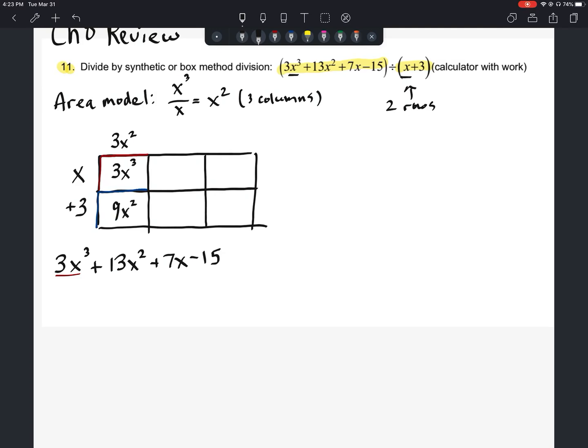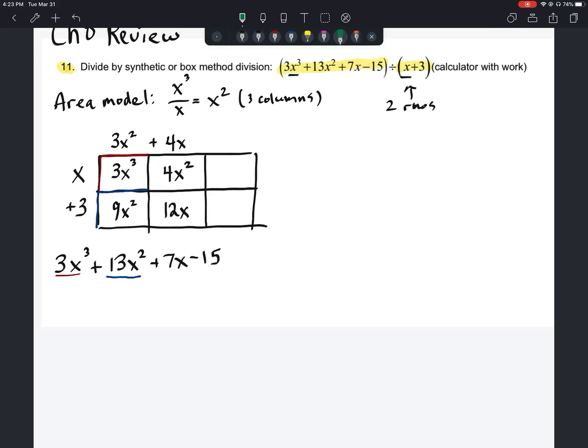Now the total number of x squareds we need is 13 of them. So we are missing 4. So we're going to have to add in 4 here. So we have 4x squared there. The factors of 4x squared are x and 4x. That's a positive 4x. 4x times 3 is going to give us a positive 12x.